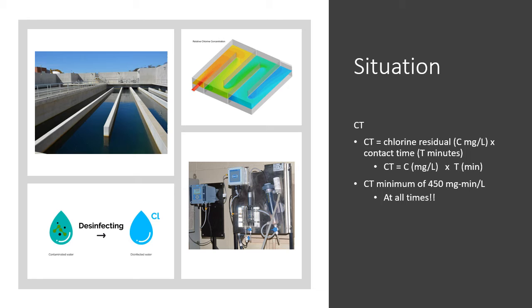So it's reading a false 2 parts higher than the actual residual. That means that the CT at that point in time is going to drop dramatically. In this instance, it was barely hovering around 800 milligrams per liter, but because of the drop in residual, it's going to drop way below the 450, causing the treatment plant to be in violation.